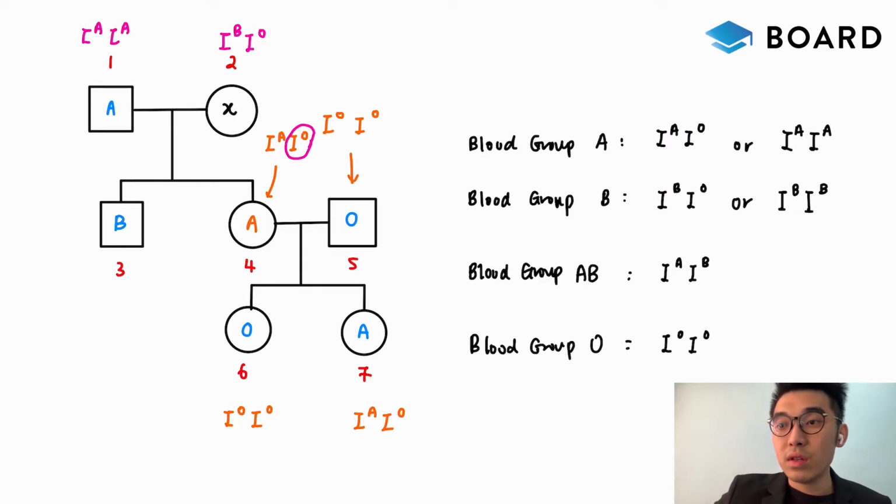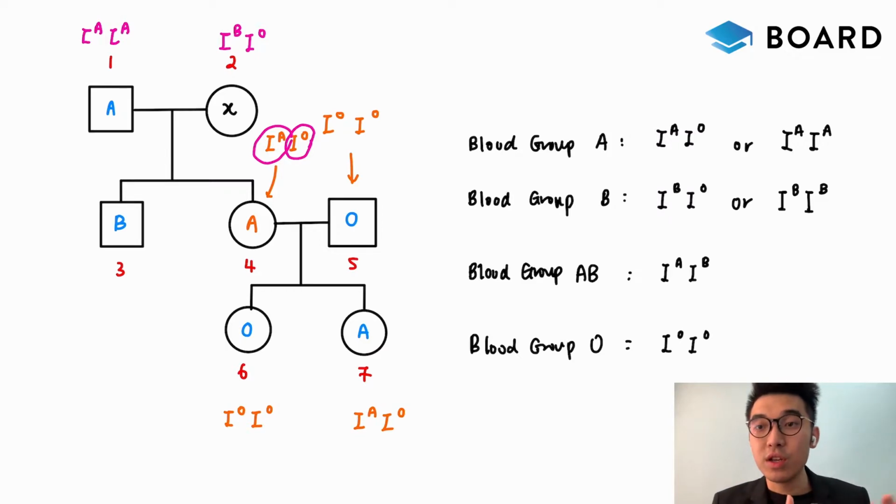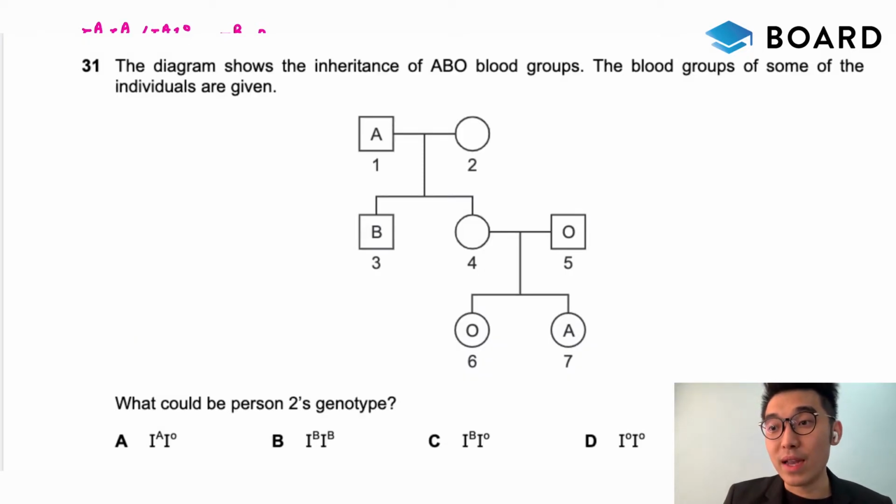This could be both types, IA, IO, or it could be homozygous, but regardless of how the combination comes together, the only possible combination that can give you IAIO for parent 4 is when parent 2, in this case offspring 4, has to be IB and IO to obtain that particular combination.